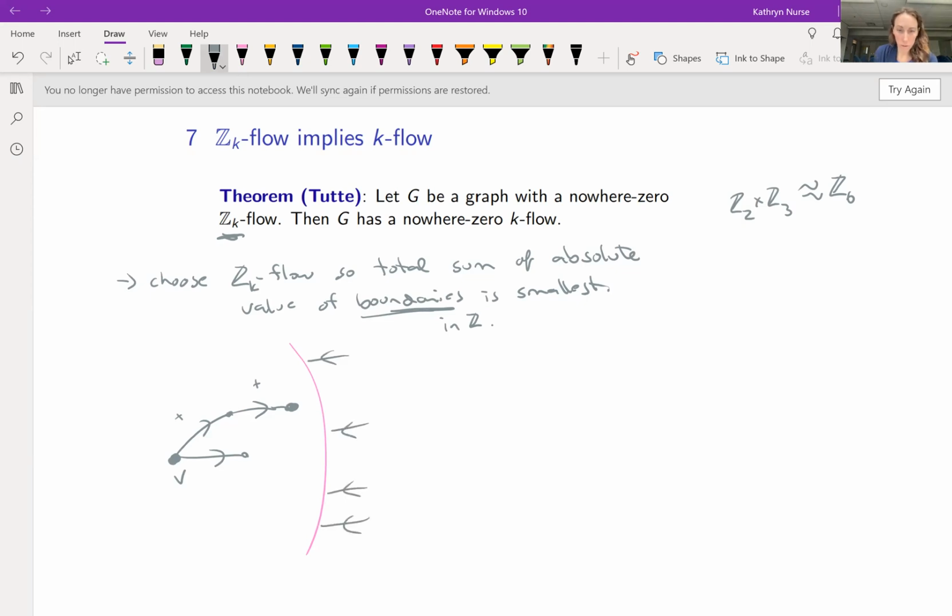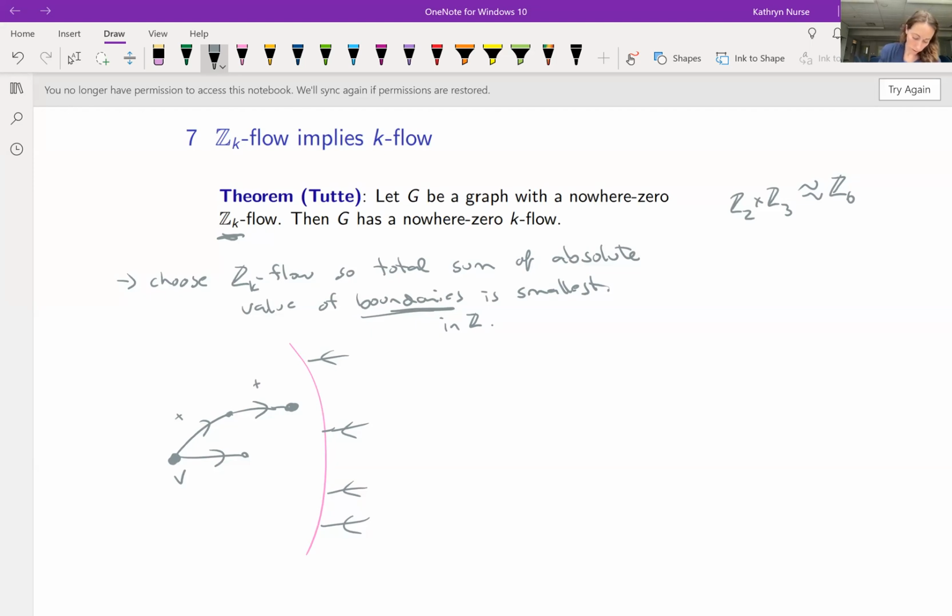It's positive, so it's non-zero in the integers, which is fine, except the flow across any cut is actually equal to the sum of the boundaries inside that cut, and since it's all positive, we have to have a flow boundary that's positive for weak and negative.